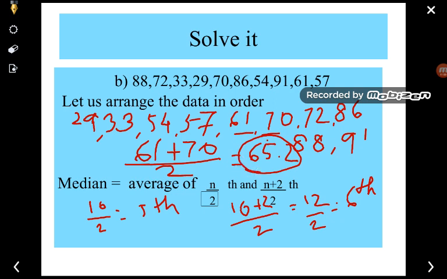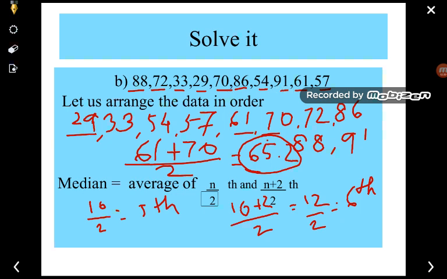So what you did, first you have to arrange the data in increasing order. I have arranged the data: first is 29, next is 33, next is 54, next is 57, 61, then 70, then 72, then 86, then 88, and then 91.